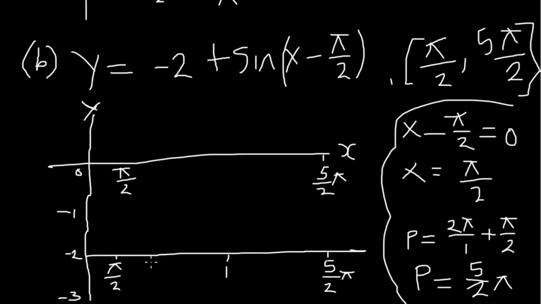And then we all know that the sine graph always comes out like this, since it's positive there. So this is how it's going to be. It's going to start from there, go up, cut right there, and come back there. So this is how my graph is going to be.